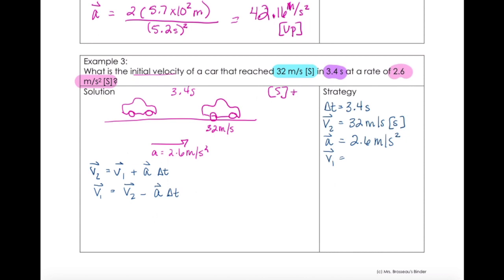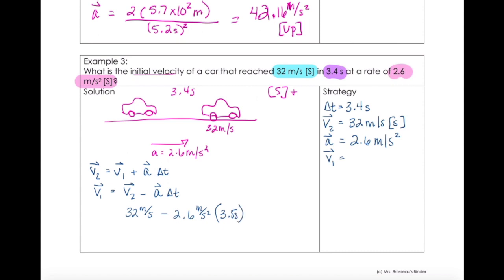Okay, so plugging in the values that we have, we would get 32 meters per second minus 2.6 meters per second squared times 3.4 seconds.